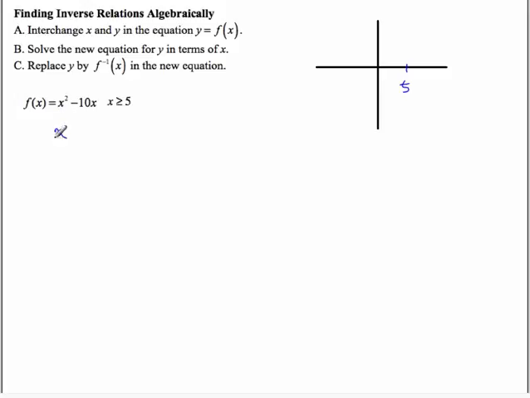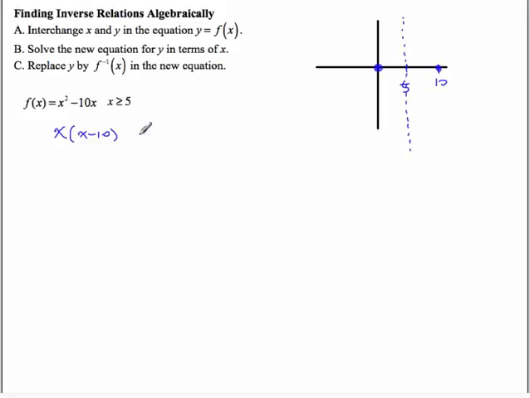Let's see, x times (x minus 10). So I know the x-intercepts are 0 and 10, and it's going to open up. I know the axis of symmetry is going to be right there, but I just need to know where in this region my vertex is.